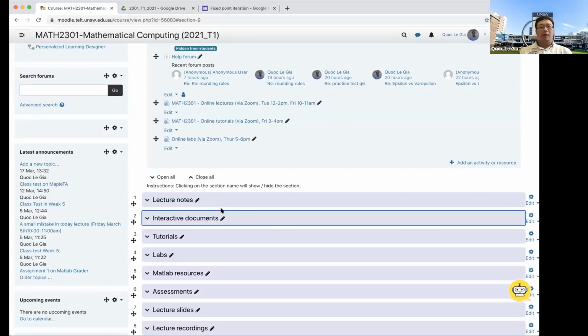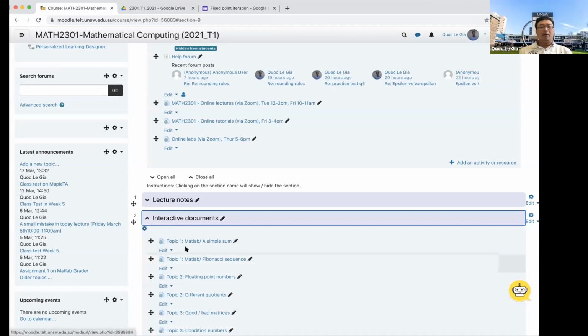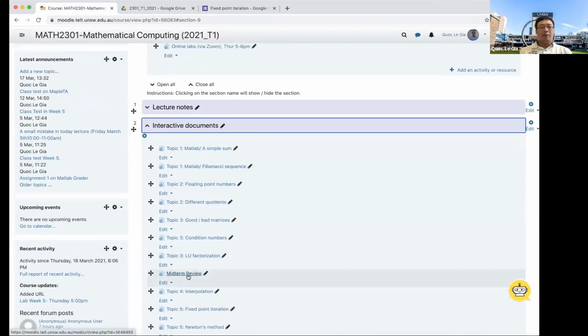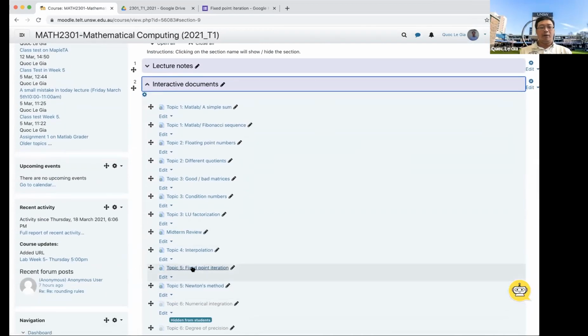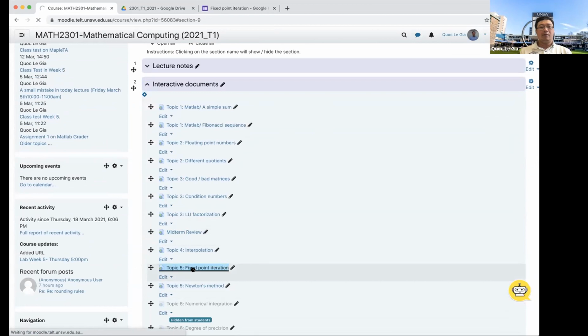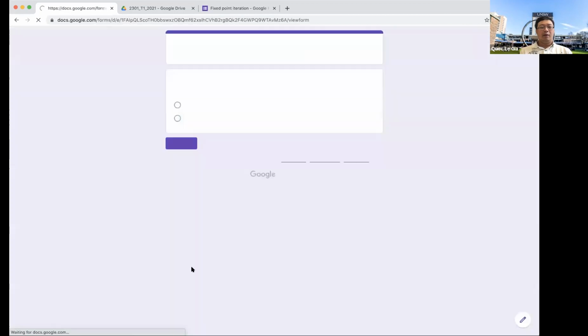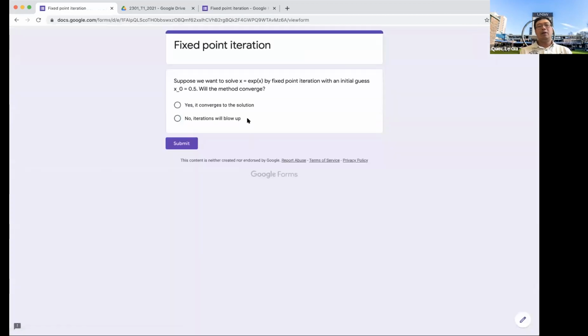So let me share the screen here. So if you go to fixed point iteration, you see this is the quiz here. So now suppose I try to solve x equal e to the x, with initial guess x0 equals 0.5.